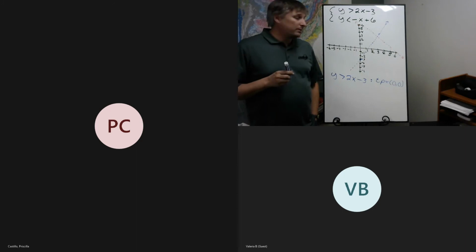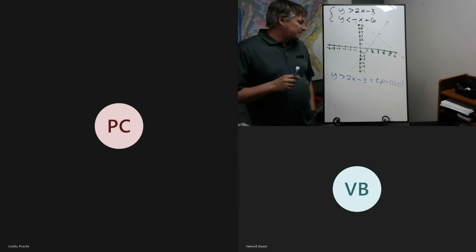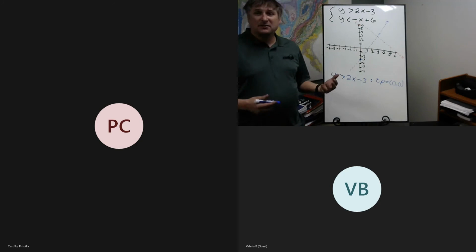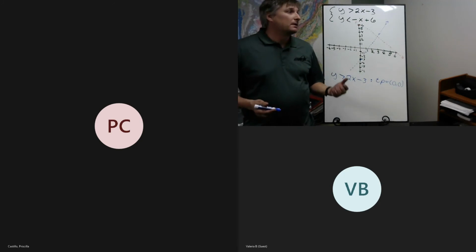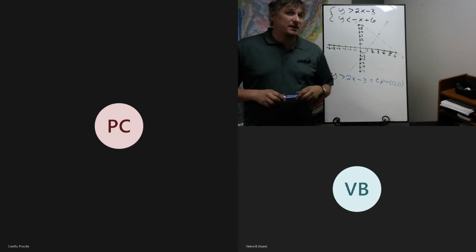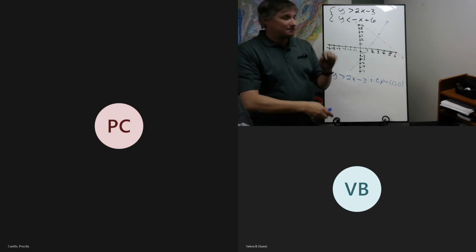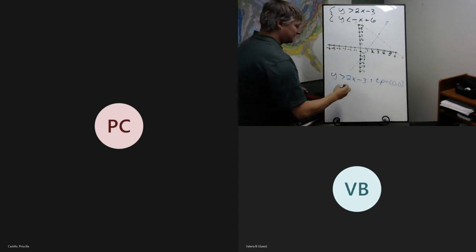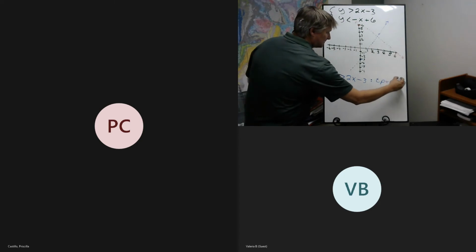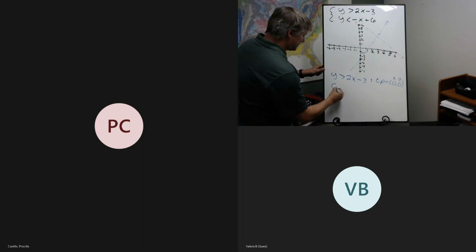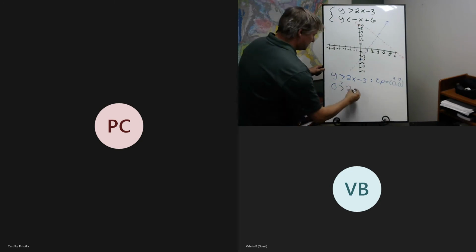So the idea of test points is this. If the test point satisfies the inequality, then that's the side of the line you want to shade in. If it doesn't satisfy the inequality, though, you're going to shade the opposite side of the line. So let's test this. There's x, and there's y. That means is 0 greater than 2 times 0 minus 3?